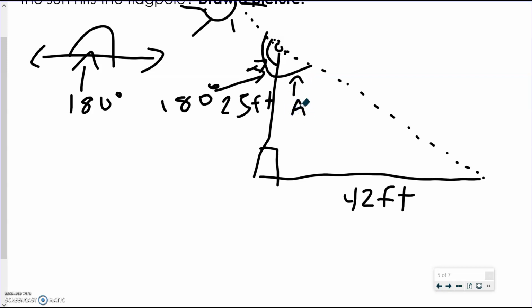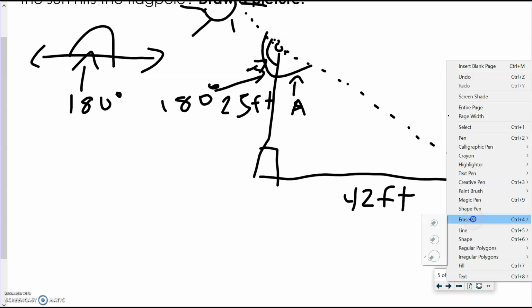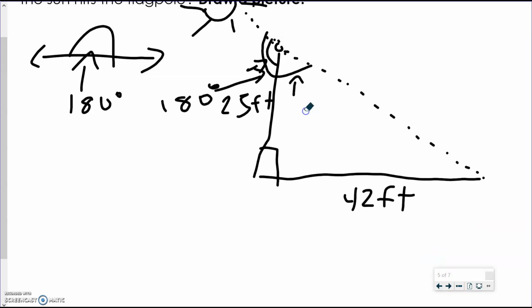All right. Now, solving for angles, we're going to be dealing with our inverse trig ratios: sine inverse, cosine inverse, tangent inverse. Looking at this angle A, actually, I'm going to rename it to angle B, just to not cause any confusion.